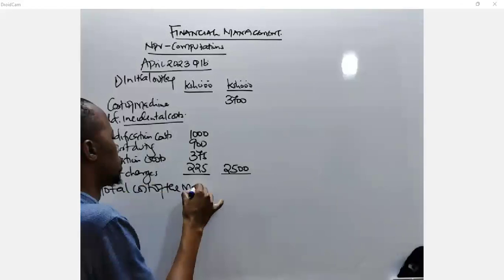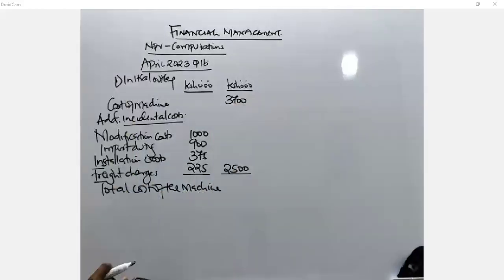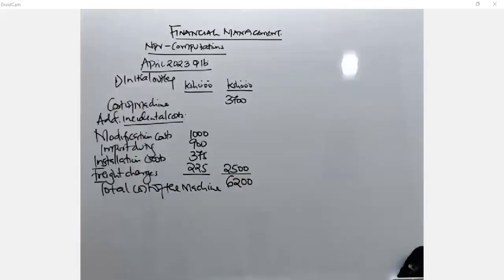The total cost of the machine is that 3,700 plus the incidental cost of 2,500, getting 6,200. You remember we talked about the NPV of the old machine. We are not replacing, so that part is not relevant right now.